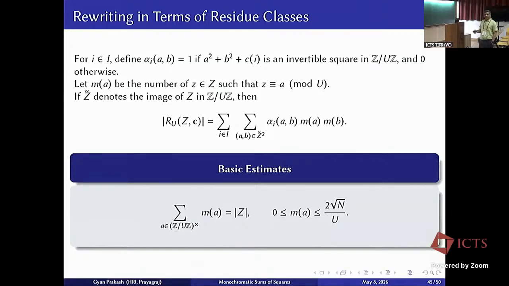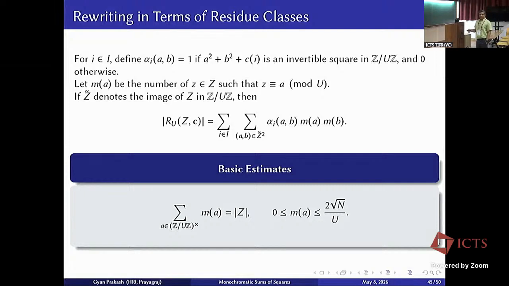So now I can define this R_uZC as follows. We will define a bilinear form on R^n cross R^n for certain suitable n, such that R_uZC is the evaluation of that bilinear form on certain lattice points inside a certain convex set. Okay?